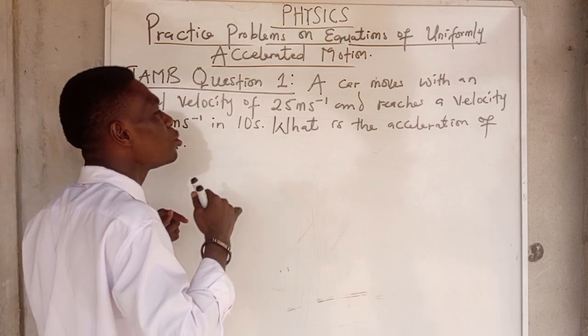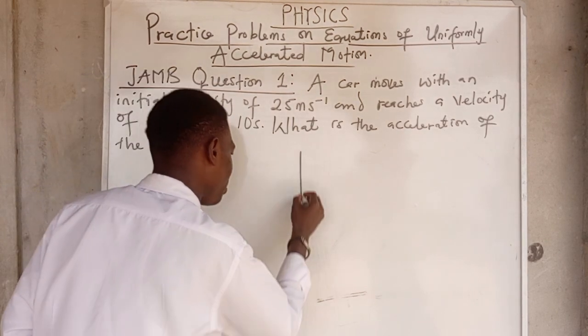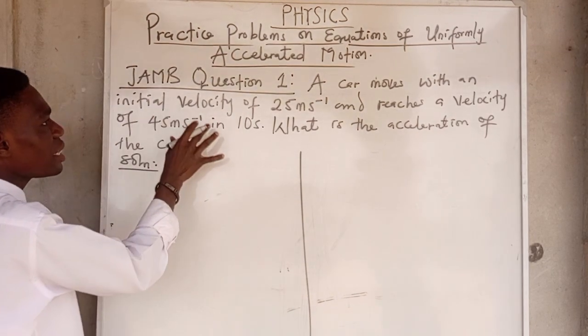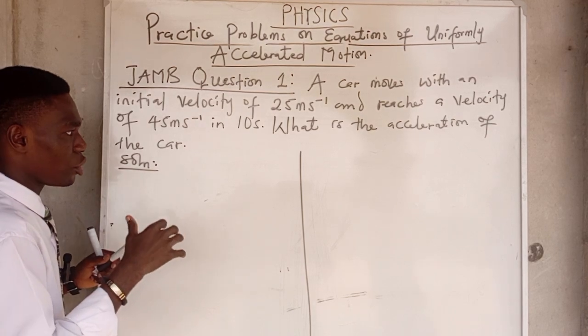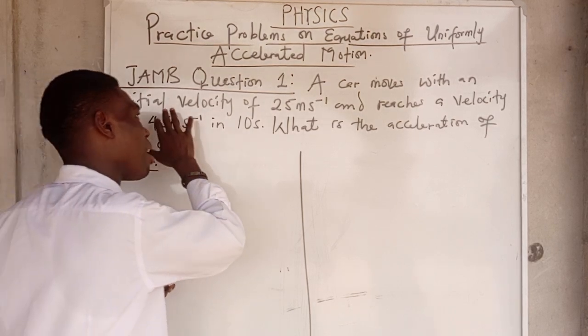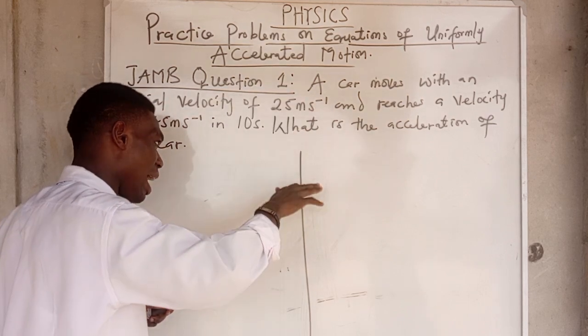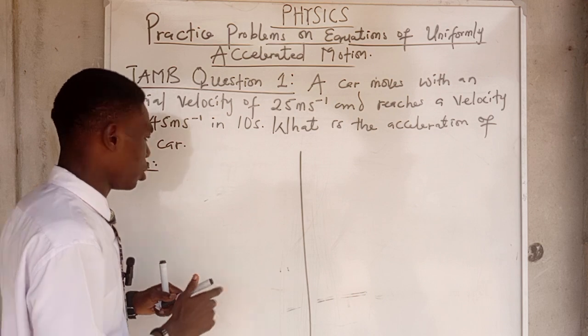The only thing you need to do is to follow the rules that I have given. Now, let's write the solution. The first thing to do here is to write out the parameters given to you, because anytime you come across this kind of question, a car moves with this, that, you have to use the equations of uniformly accelerated motion. Are we together?